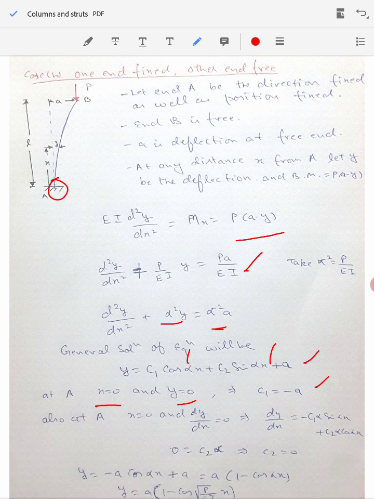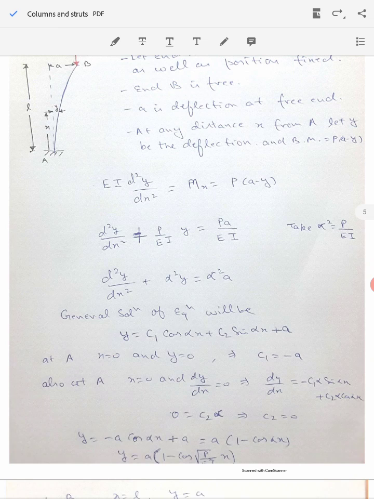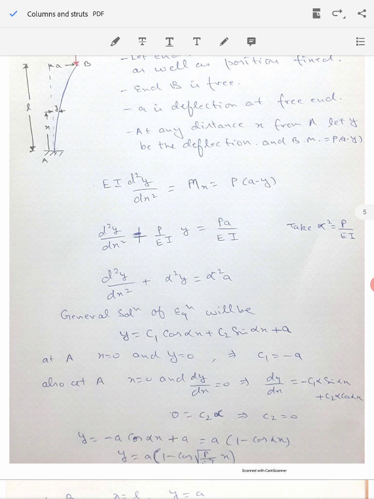Now in order to determine the second constant, we need to apply the boundary condition on the slope at A itself. So we have two boundary conditions for the case of the cantilever end, that is, deflection is 0 and the slope is 0, because it is a fixed end, so there cannot be any slope of the column here, so dy by dx should be 0.